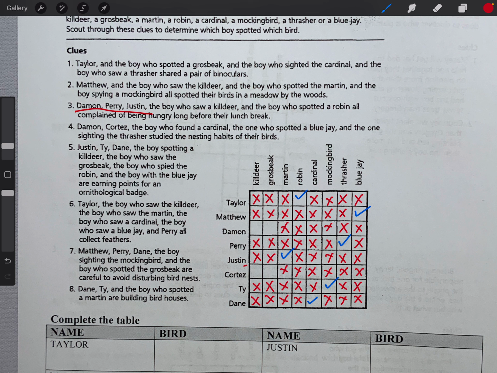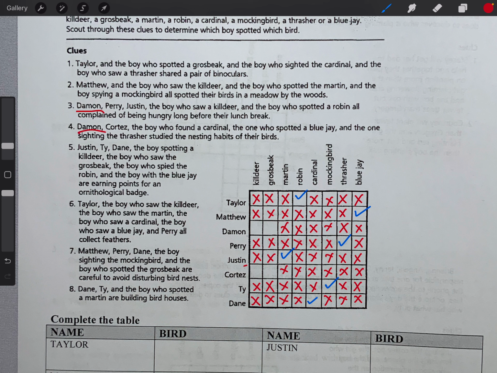Damon and Cortez. Okay, so Damon, grosbeak, and killdeer. Oh, Cortez. I think Damon is mentioned here and here, and nowhere else. So hopefully these will provide enough information.